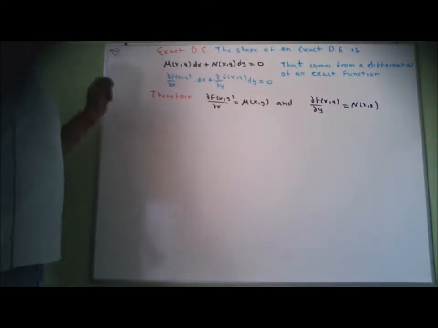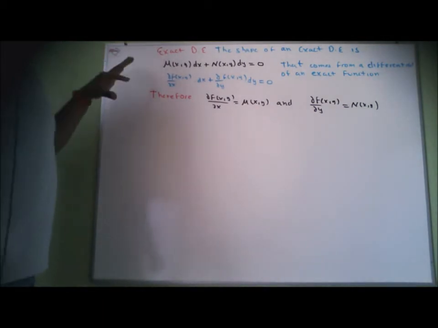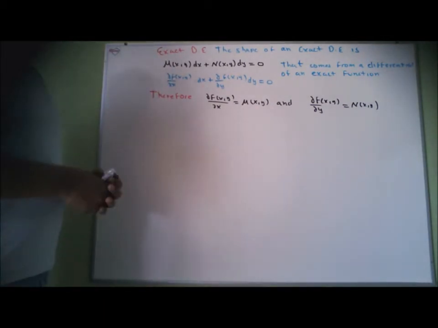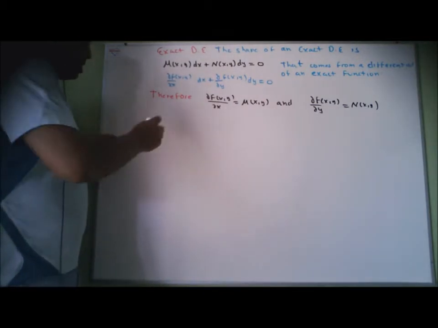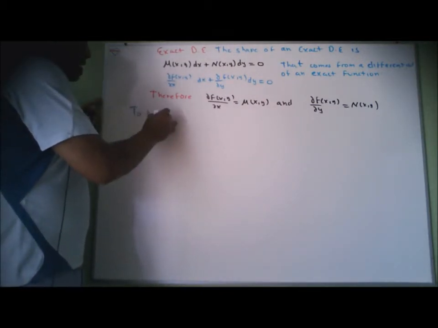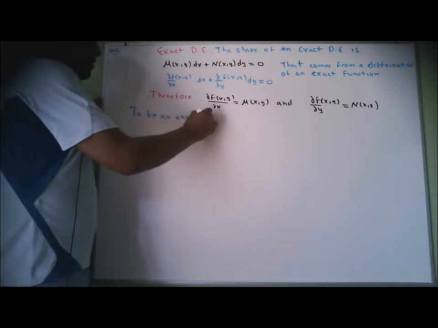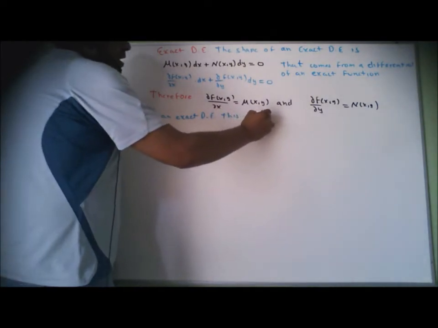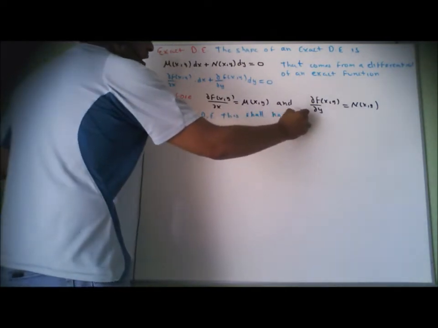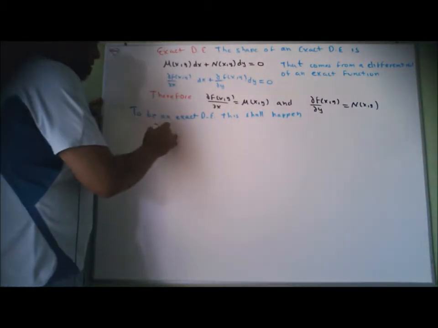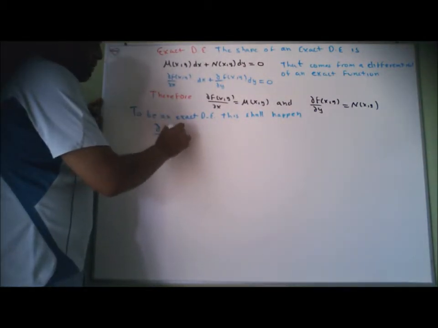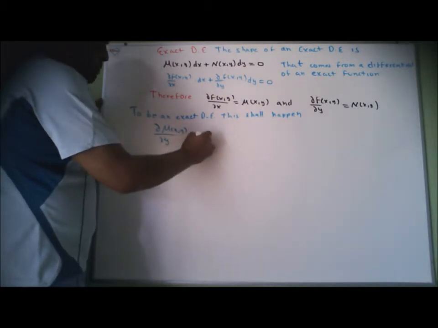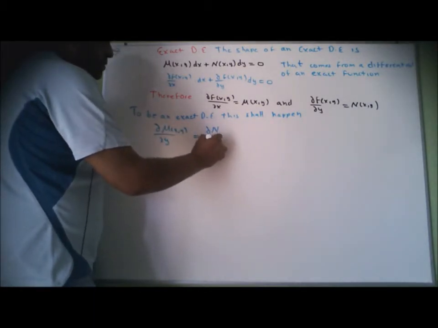Okay, now, having the shape in this way doesn't mean it is an exact differential equation, right? So what we have to do is a test. The test that we have to do is to check, so let me write it here, that to be an exact differential equation, this shall happen: the partial of M with respect to y must be equal to the partial of N with respect to x.